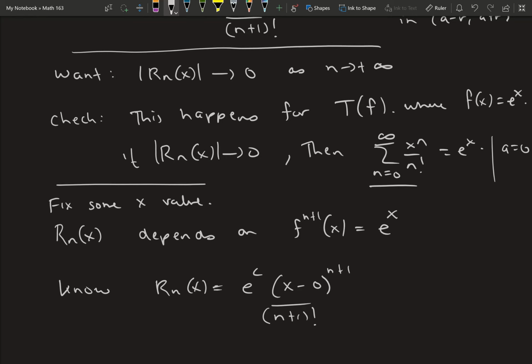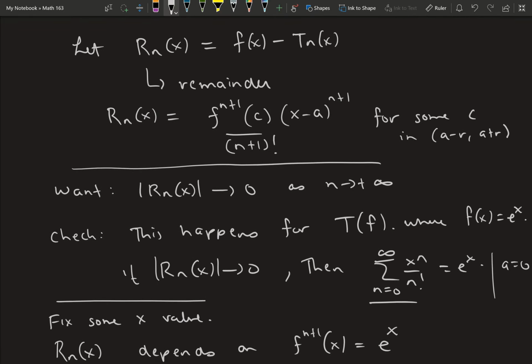Now, this e to the c, well, this c is going to be somewhere between... so I should have stated this a little bit more clearly. Let me fix this.